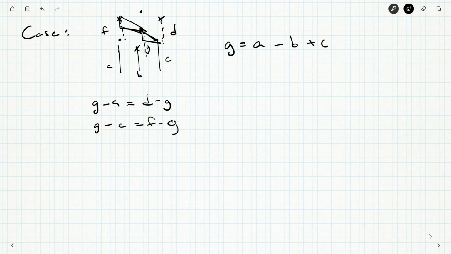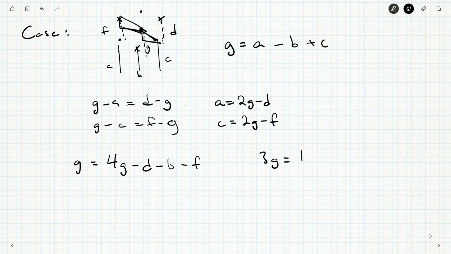So I can replace A with 2G minus D, and I can replace C with 2G minus F. So in that case, G is 4G minus D minus B minus F. Or that is to say, 3G is B plus D plus F. So G is the average of them. Ah, cool. Intuition pays off.